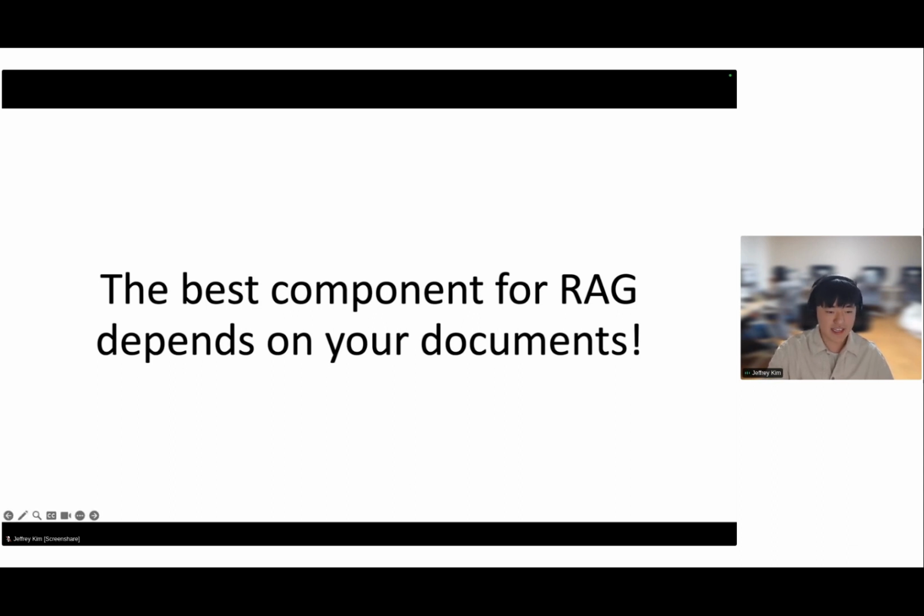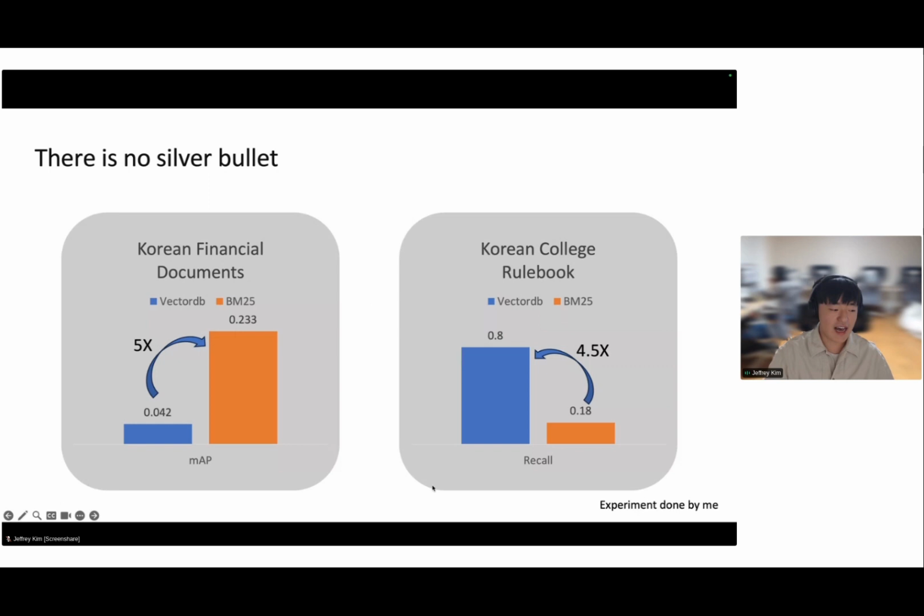So here is the evidence. I did an experiment, running some RAG evaluation on two different domain documents. The first one is Korean financial documents, and the second one is a Korean college rulebook.